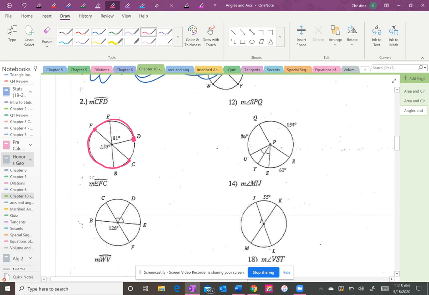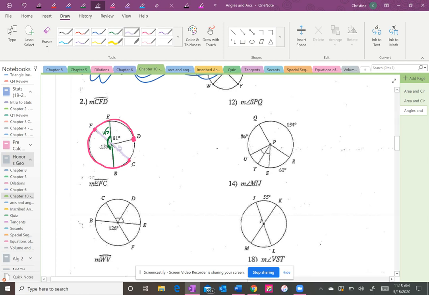Well, first thing, look for a diameter. A diameter is 180. So I can very easily find out that this is 45 because this has to make 180. Okay. I can also look for now this diameter. And that diameter is also 180, which means that the angle that's missing is 180 minus 45 minus 81.